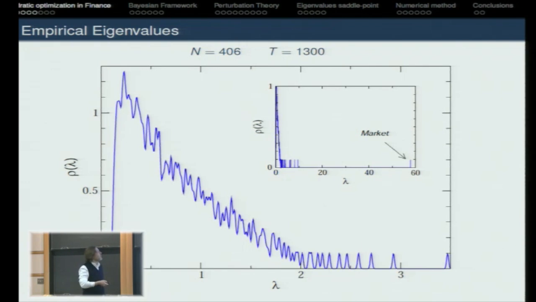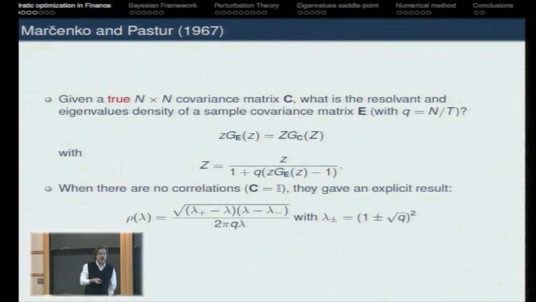And then we found out about the work of Marcenko and Pastur, and they tell us that this is essentially measurement noise. What Marcenko and Pastur solved, this is a formulation by the Polish physicist Burda and co-authors that I find useful, but you can get the same results directly from the 1967 paper of Marcenko and Pastur, is this: given a true covariance matrix, you measure a sample covariance matrix using T data points, where the ratio of the size of the matrix N and the number of data points T is a number q, which is finite, between 0 and 1.